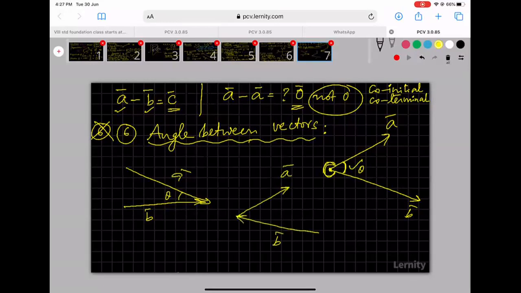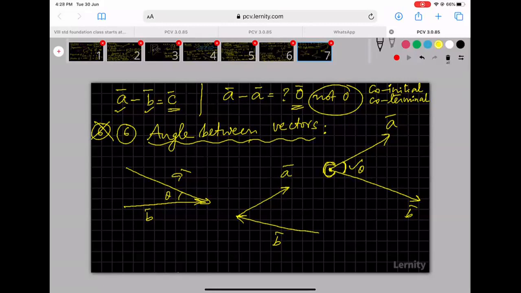Now see, in this case, a bar and b bar are not drawn co-initially or co-terminally. Neither have we drawn them co-initially, nor co-terminally. The terminal point of b vector is matching with the initial point of the a vector. So to calculate the angle between two vectors, you may have to redraw them such that their terminal points meet or their initial points meet.